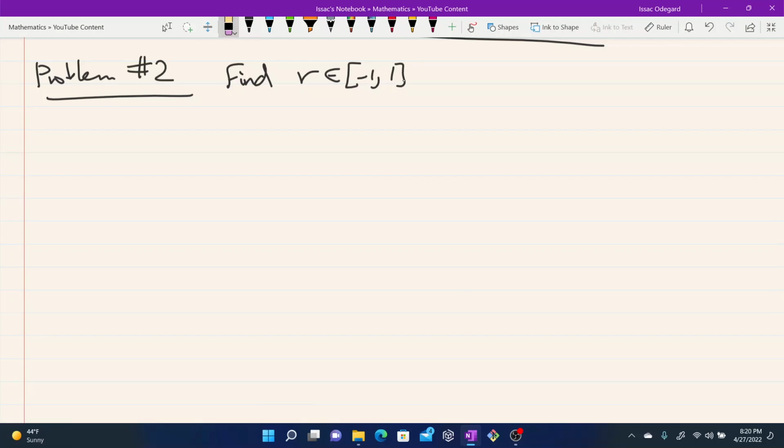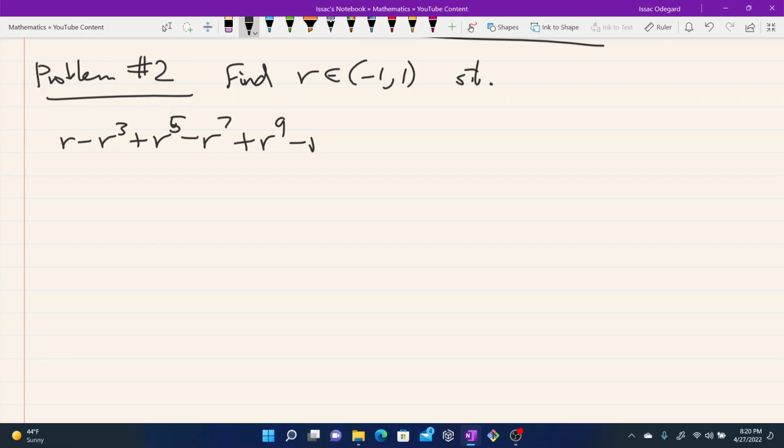Actually, sorry, the open interval -1 to 1, such that r minus r cubed plus r to the 5th minus r to the 7th plus r to the 9th minus r to the 11th and so on is equal to 2/5.